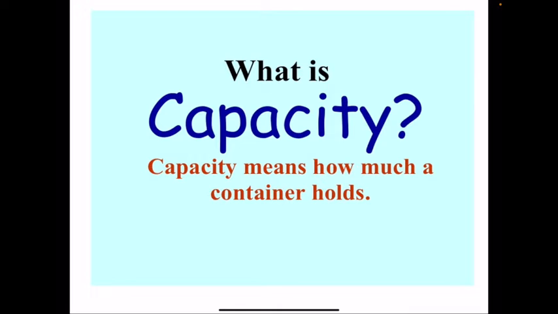You must have seen various types of containers around you. Glass, cups are also of different sizes. And the amount of liquid which those cups are holding is different. So that means the capacity of those cups is different. So capacity means how much a container holds.